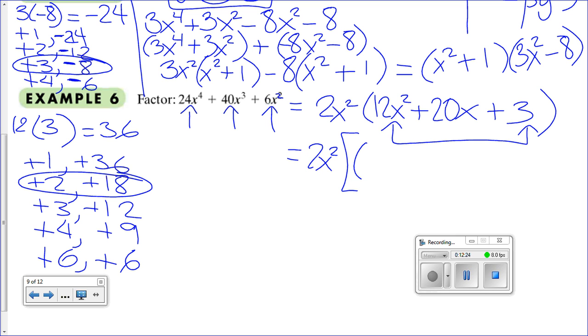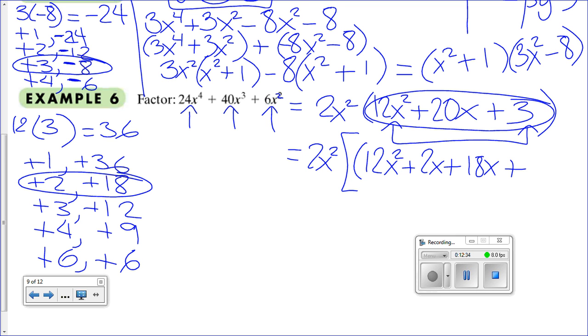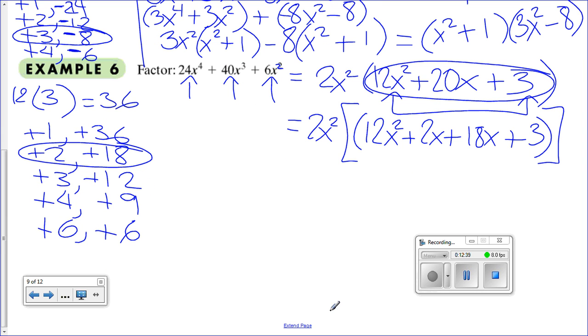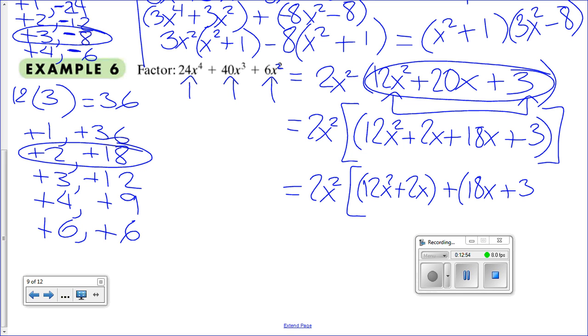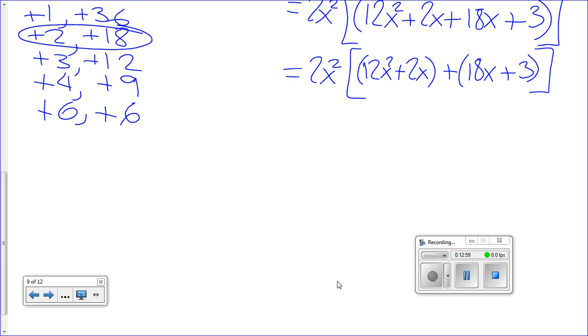So we're going to break this trinomial using those new coefficients. So 12x squared plus 2x plus 18x plus 3. So we make our two groups. And then I want you guys to factor out the GCF, please, of each group.